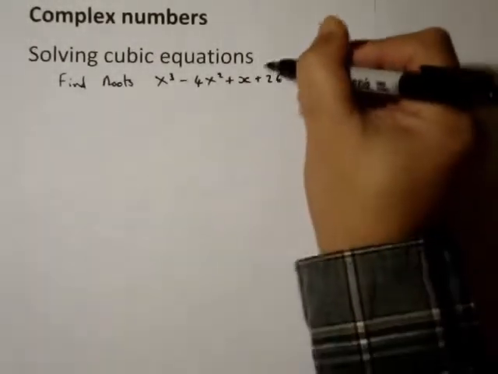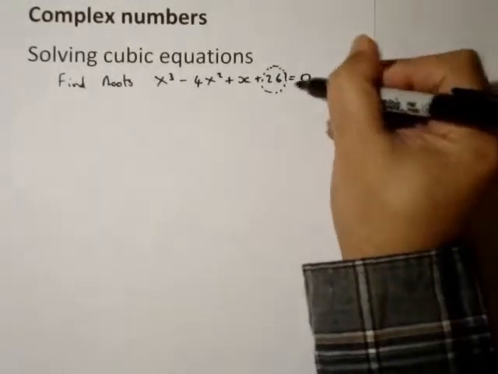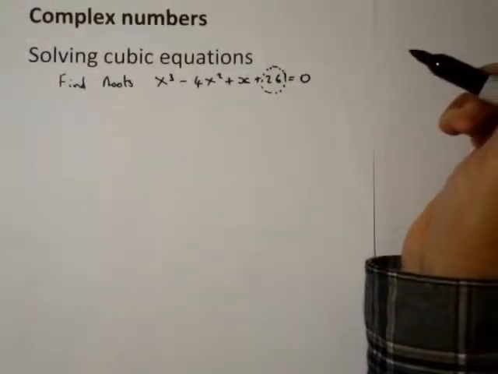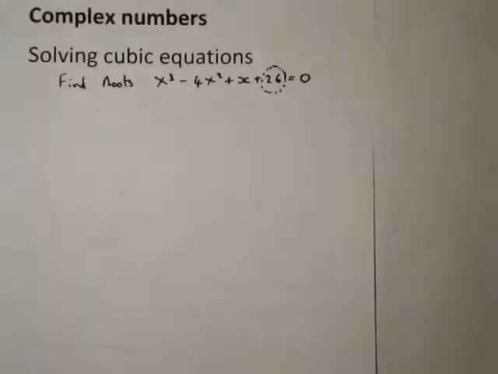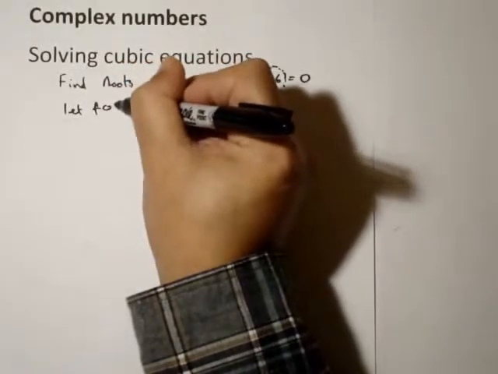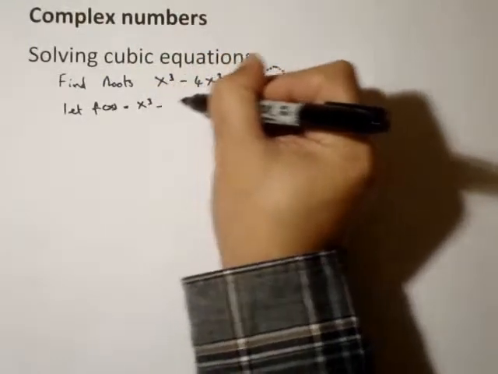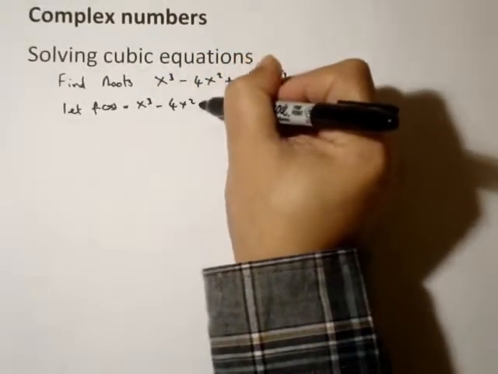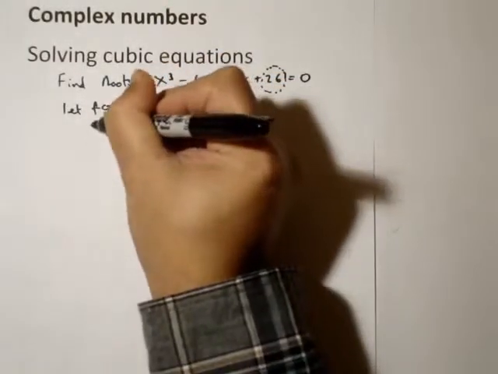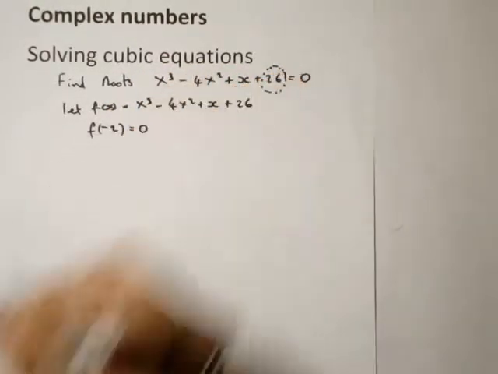So first of all, let's try and find some factors of 26, which when we put them into the equation gives us a root. So we let f of x equal x cubed minus 4x squared plus x plus 26, and we find that f of minus 2 equals 0.